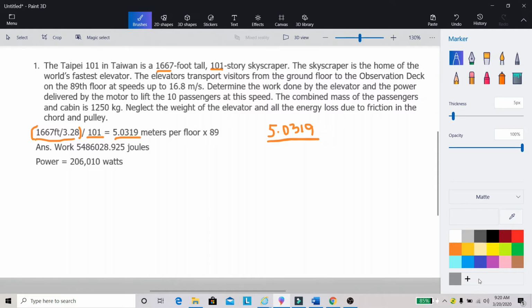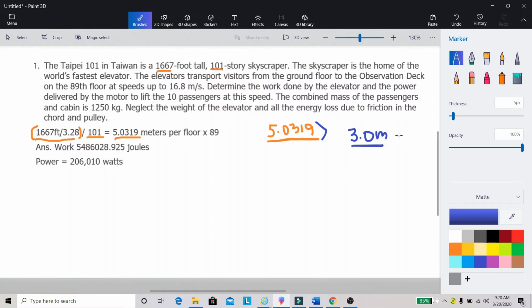Sa totoong buhay, hindi po ganito ang mga per palapag ng ating mga building. Nung araw, bibigyan ko kayo ng konting insight sa actual, meron tayong 3 meters. 3 meters lang po yung ating floor to floor clear space from floor to floor height ng mga building natin.